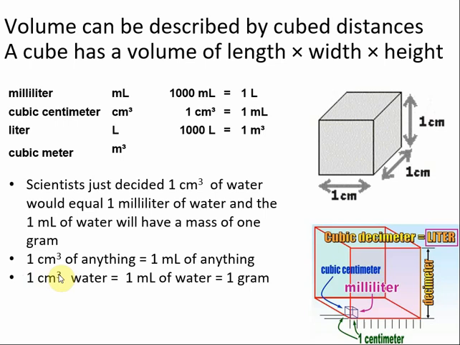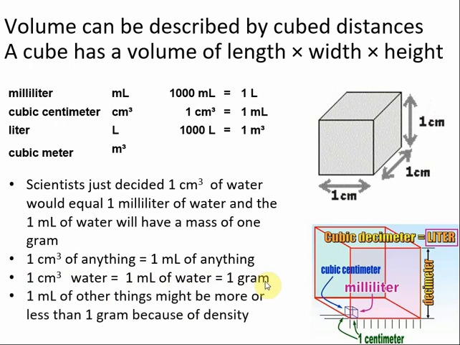For water, 1 cubic centimeter of water is equal to a milliliter of water, and it weighs a gram. For other things, they might be more or less than 1 gram in 1 milliliter because of density. For example, a milliliter of molten lead has higher density than water, so it would weigh more than 1 gram.